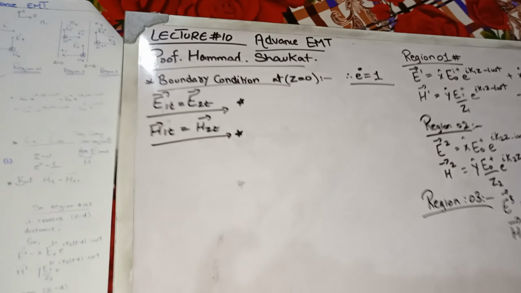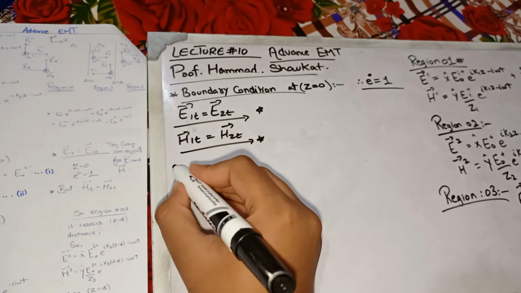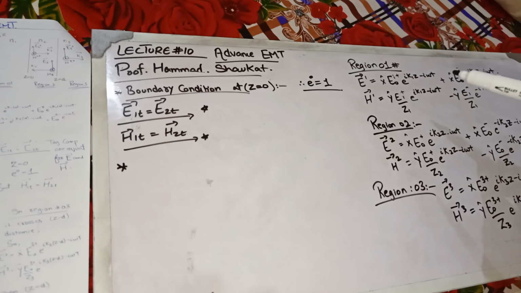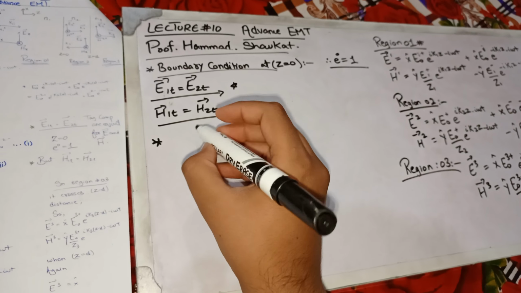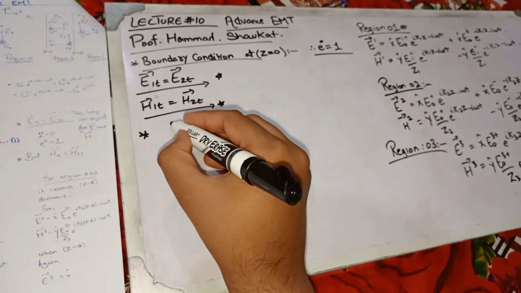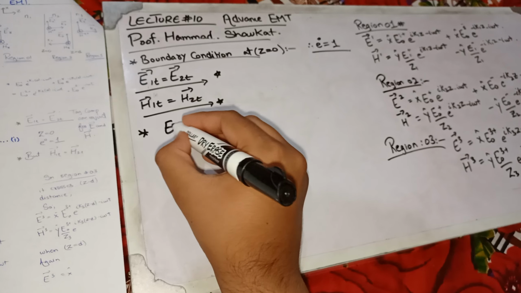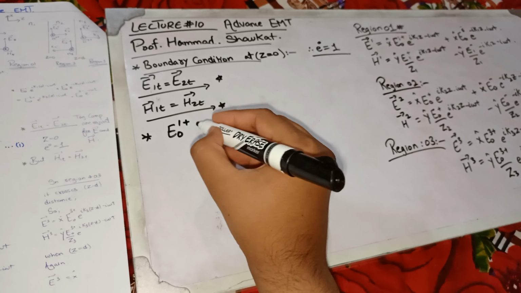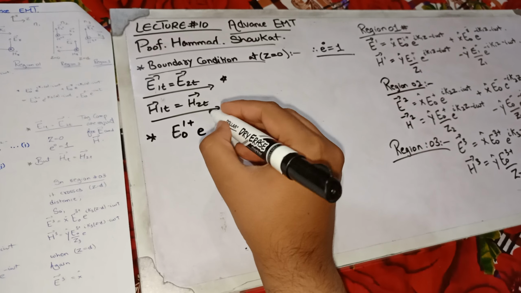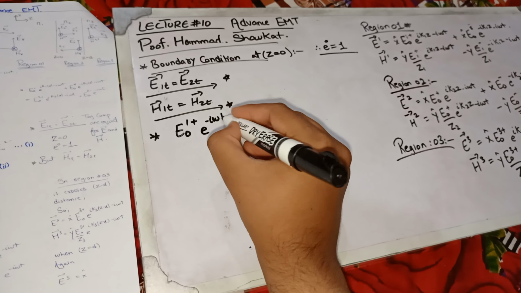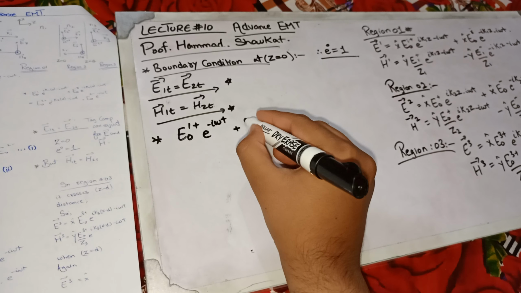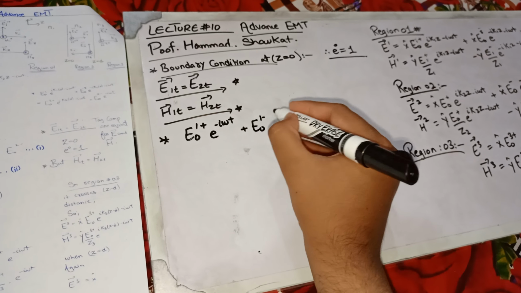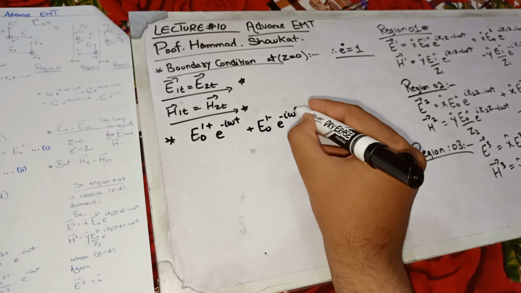So first of all, put z equals 0 in this equation. After putting it, you will be left with e naught 1 plus e power minus iota omega t plus e naught 1 minus e power minus iota omega t.